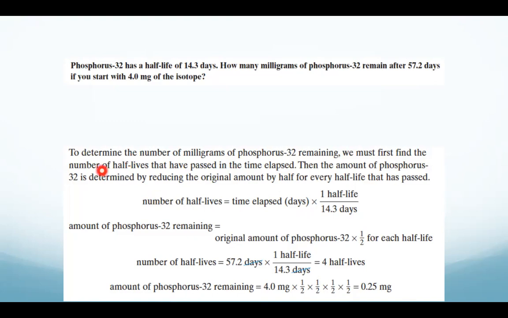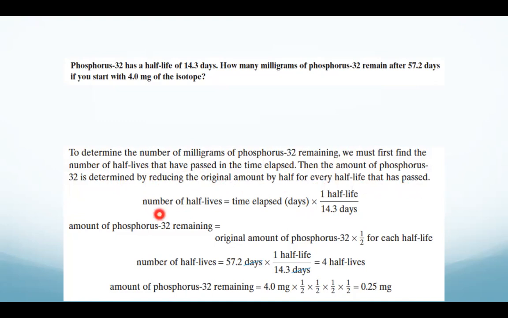Okay, so the solution for this is to determine the number of milligrams of phosphorus-32 remaining. We must first find the number of half-lives that have passed in the time elapsed. Then the amount of phosphorus-32 is determined by reducing the original amount by half for every half-life that has passed.